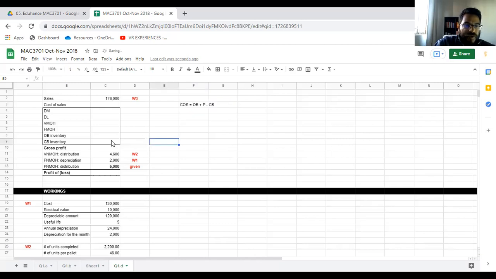Okay, so opening inventory will be positive. It is the 4,000 Rand plus the 10,000 Rand.